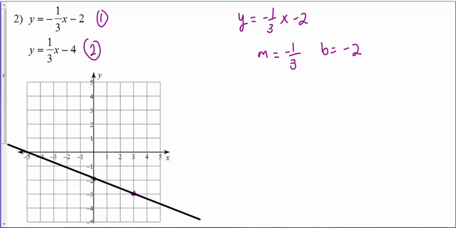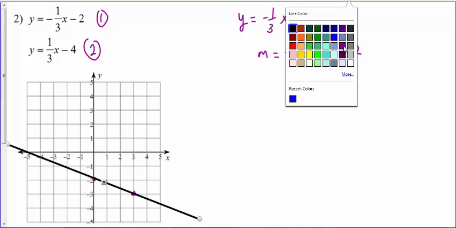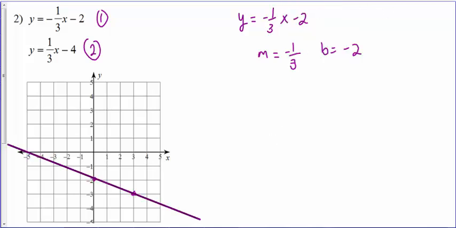That's good. And I'll change the color while I have the opportunity. We'll change it to purple, since this is equation 1. Now let's go to green.